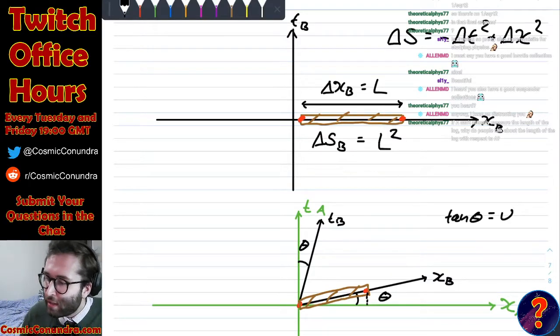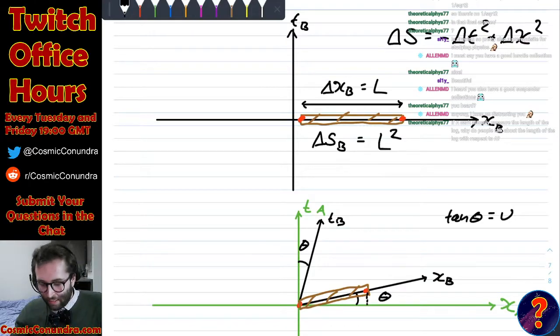Well, it's not that you can't measure the length of it. It's just that when you measure the length of it, because there's the distance between these two points, you can't measure the length simultaneously. So if the log is straight in front of me, I can snap my hands down and touch both ends of it and say the distance between these two points I've touched is the length.